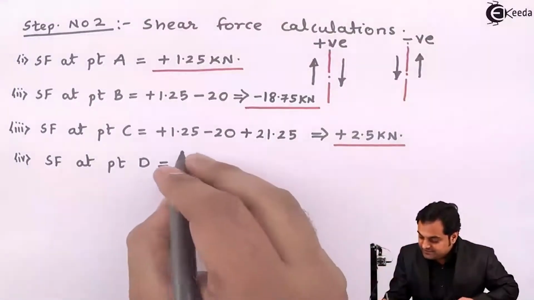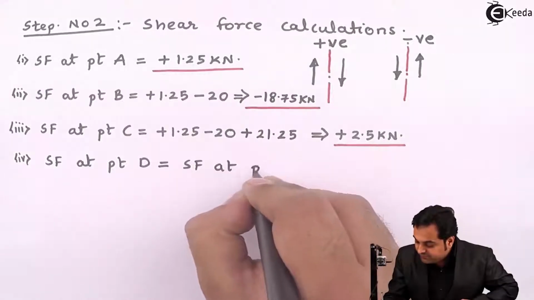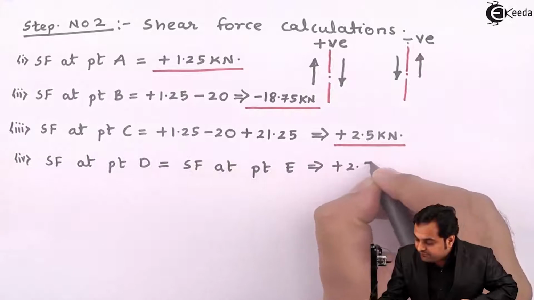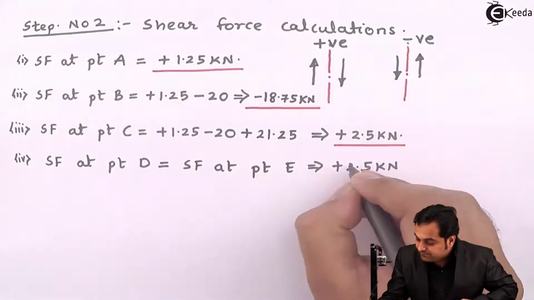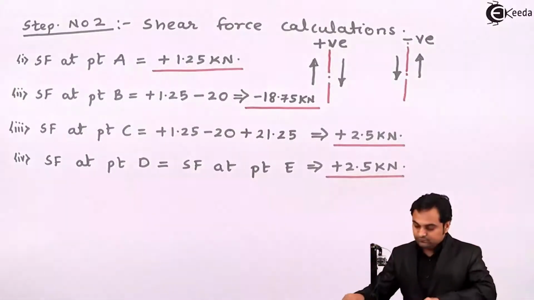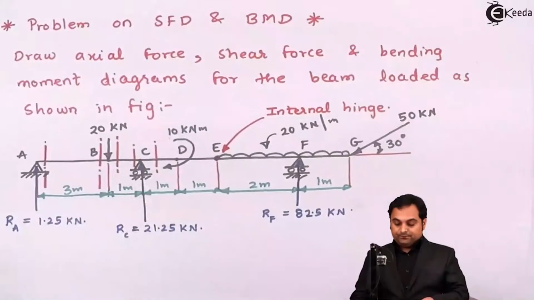So I'll write down SF at point D is equal to SF at point E. Answer is plus 2.5 kilonewton.